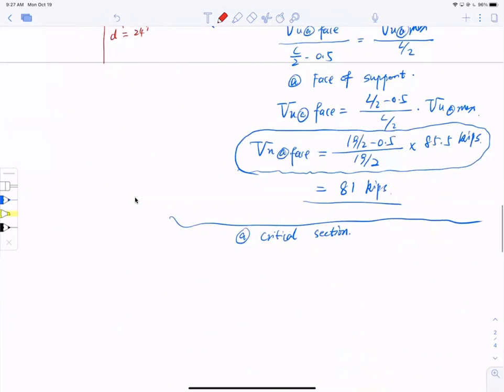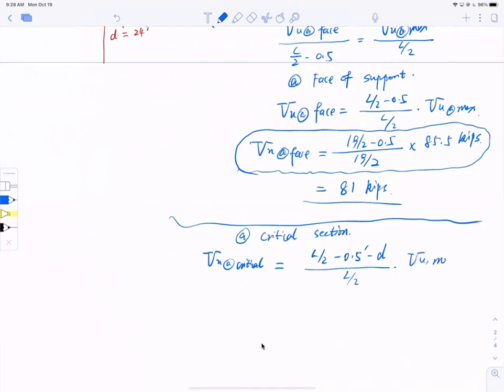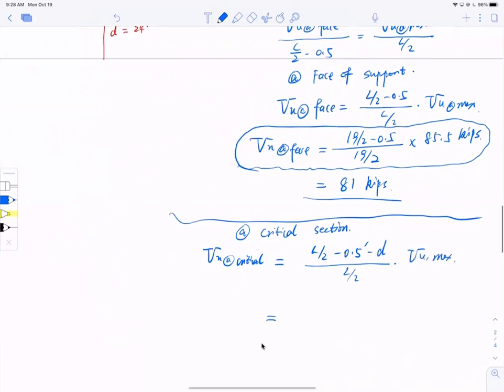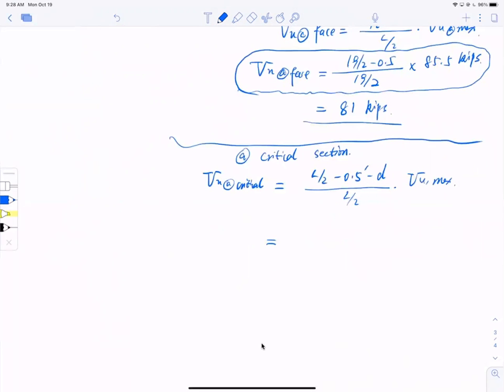So VU at critical equals, using the same triangle, L divided by 2 minus 0.5 feet, that's the face of support, minus d, the depth of beam, divided by L over 2, and this is multiplied by VU max.